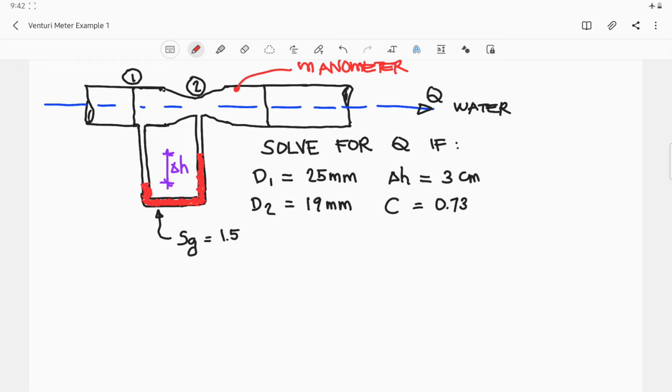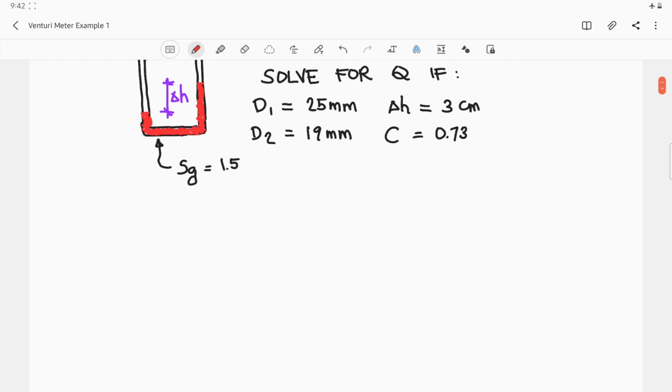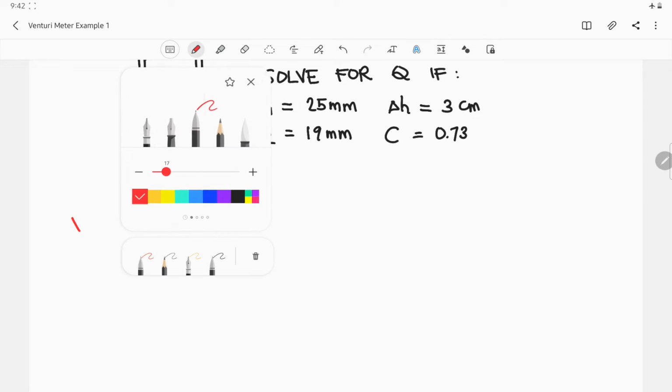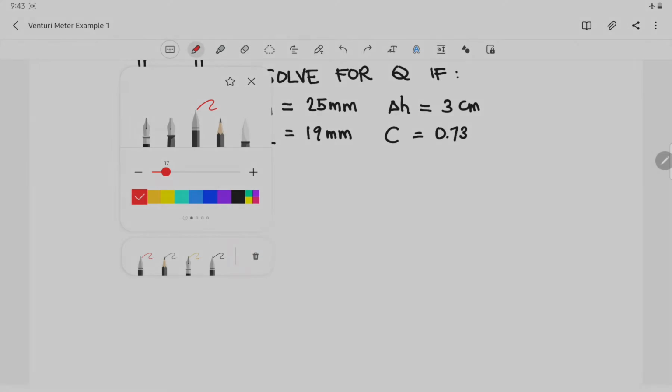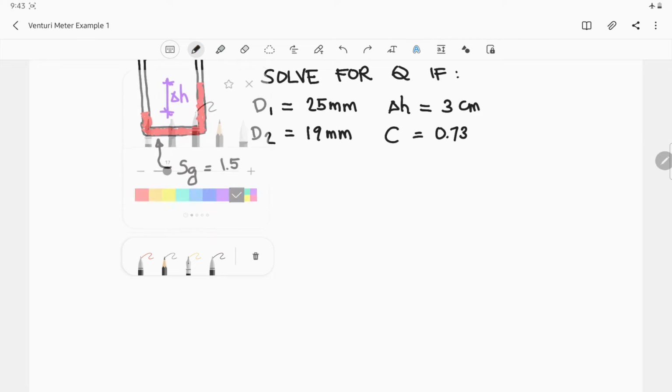Okay, so based on the given, we have 25 bigger diameter, smaller diameter 19 mm, difference in H 3 cm, and C, which is 0.73. So if we can recall our equation, we need to solve for the theoretical velocity.